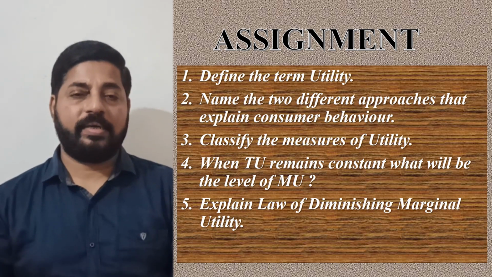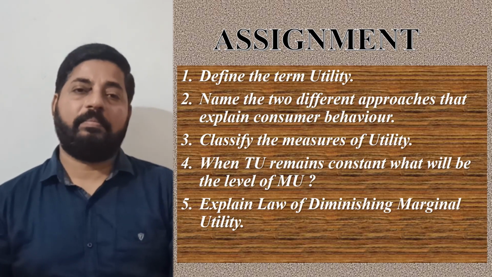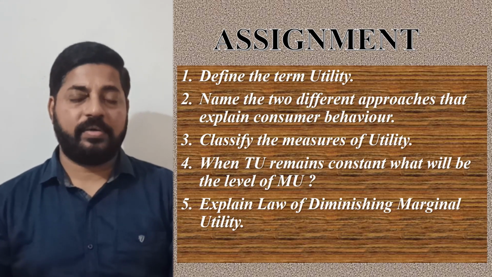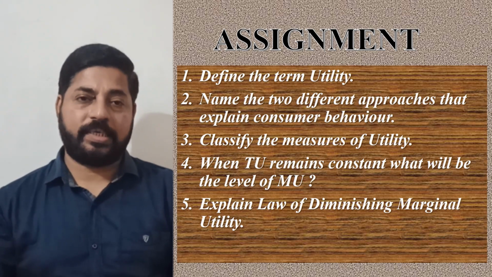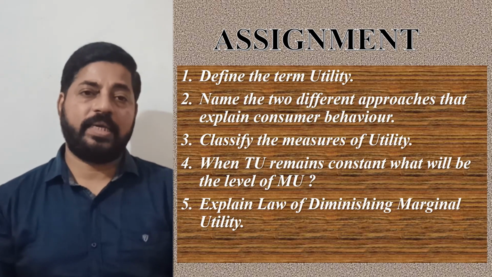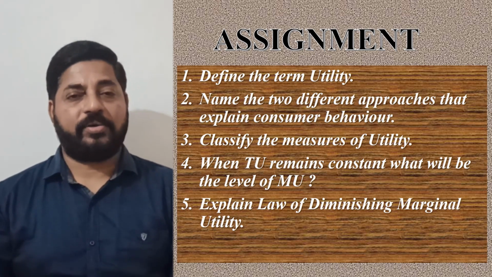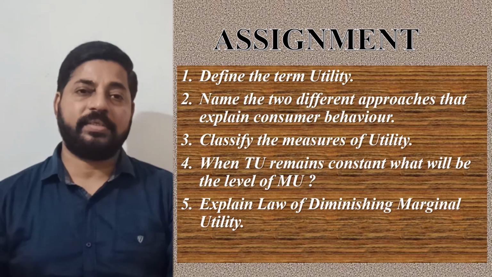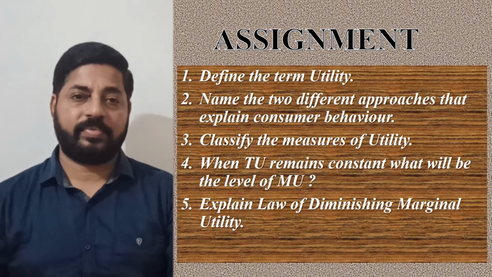Question number 3. Classify the measures of utility. Question number 4. When total utility remains constant, what will be the level of marginal utility? And question number 5. Explain law of diminishing marginal utility.